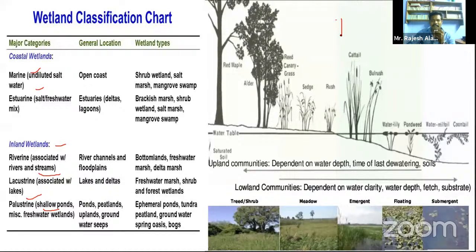Scientists started meeting and discussed in this convention in 1971 in Iran. This was the pioneering 1971 convention on wetlands. That was the initiation. Then only we came to know that this is not a wasteland. It has to be protected more if we want to protect biodiversity.